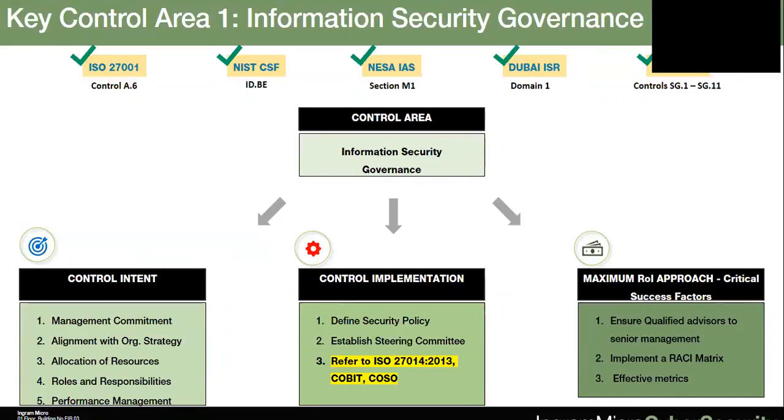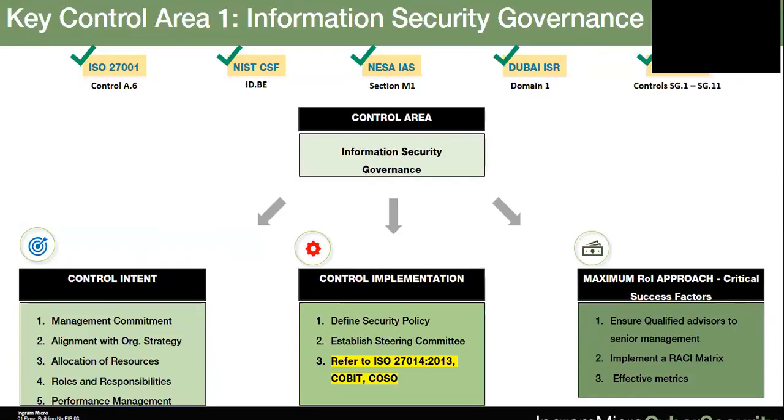So we need performance KPIs, performance indicators tailored for our organization, so we can track our effectiveness in the security governance framework.